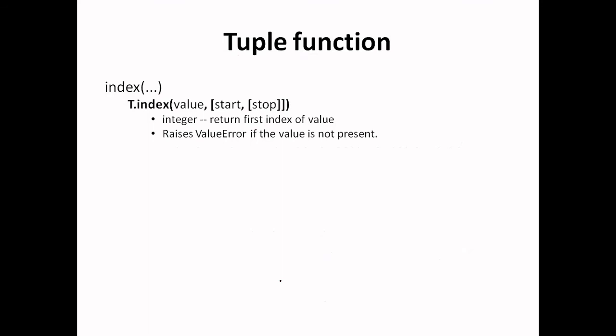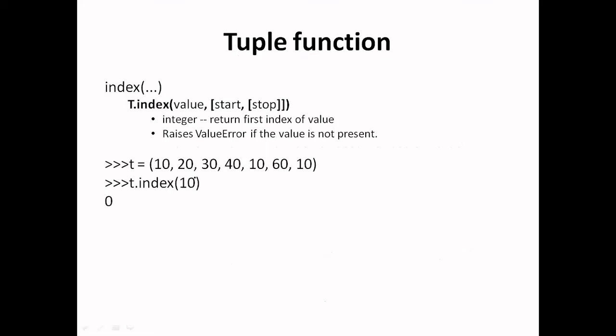The next and the last function of the tuple is the index function, and it works the same as the index function of a list. It returns the index of the first occurrence of the value which we have passed. So let's take an example.